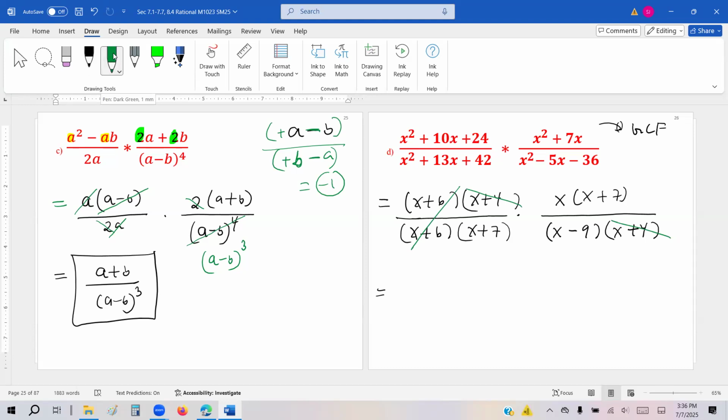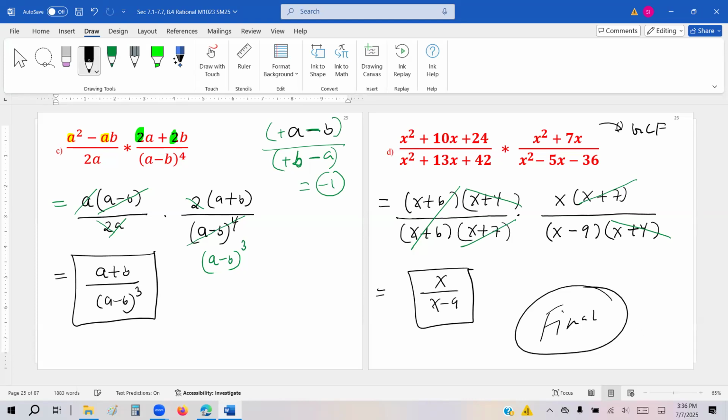Anything else? Oh, X plus 7, X plus 7, X plus 7. X over X minus 9. That's it. And these are final exam questions. One of them for the multiplication or division definitely comes in the final exam.